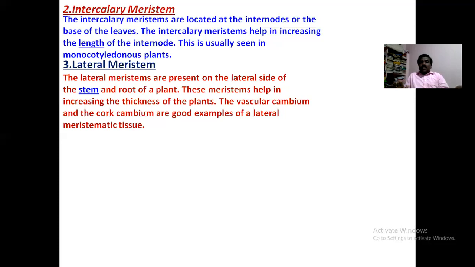In higher plants, they are involved in secondary growth, mainly in dicots.